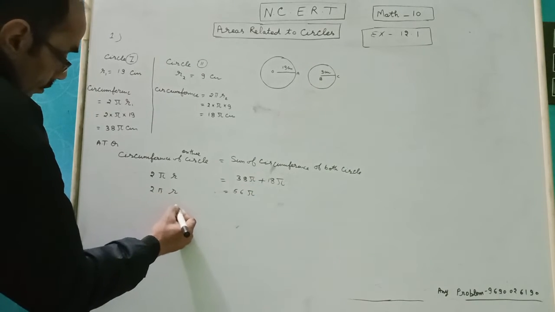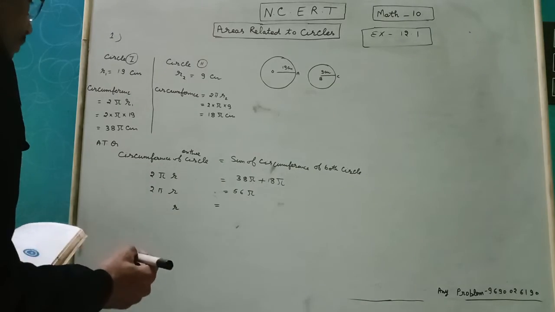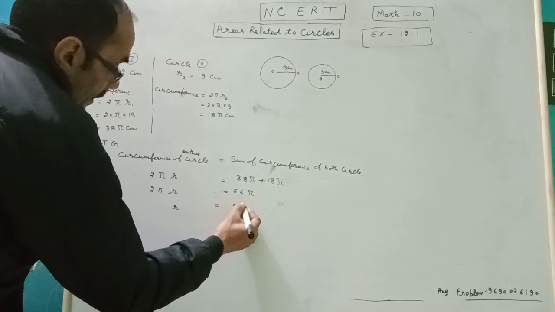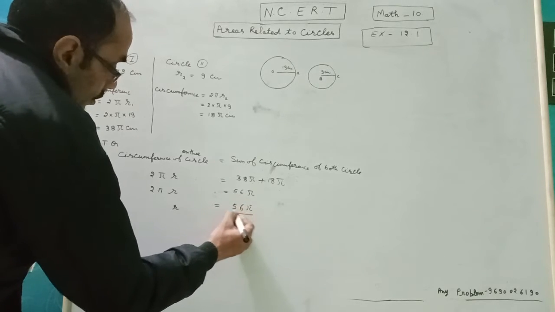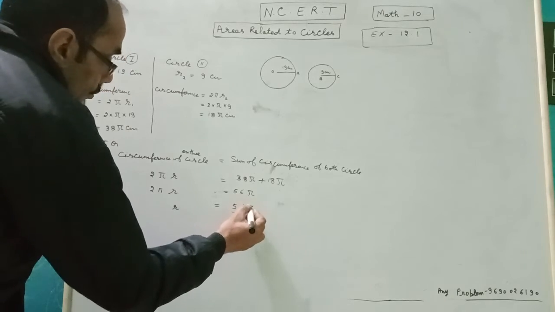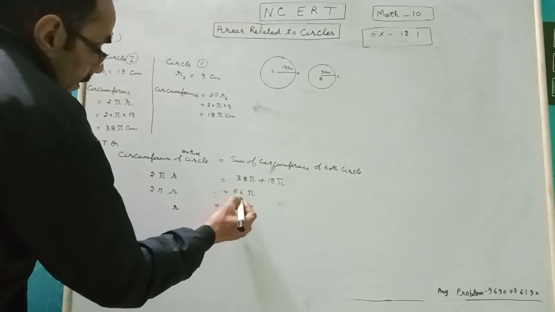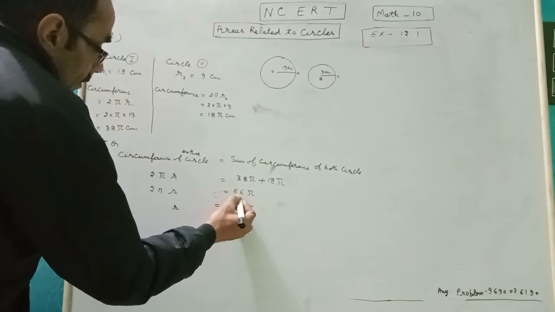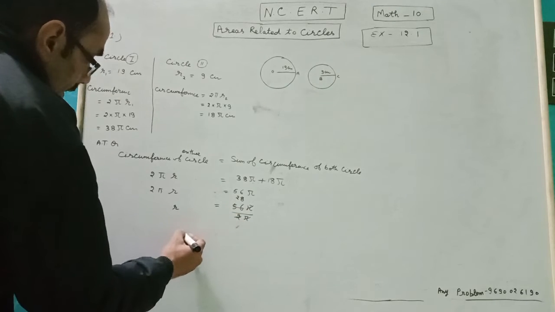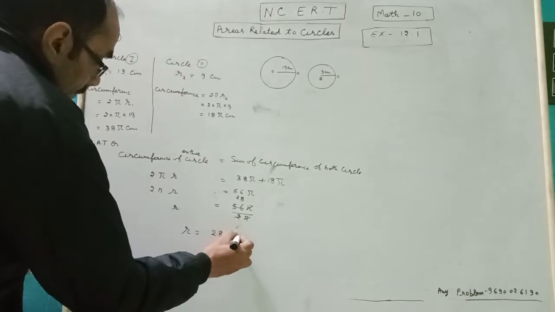We want to find the radius of the other circle, so r is equal to 56 pi upon 2 pi. 2 pi divided by 56 pi gives r is equal to 28 cm.